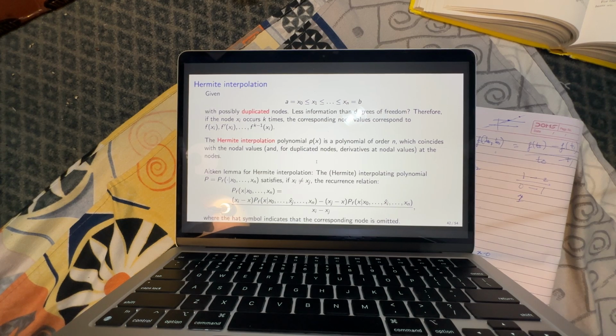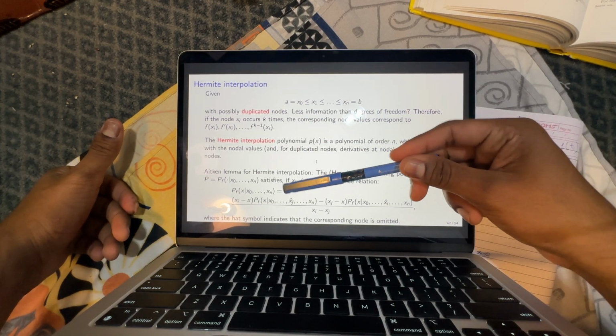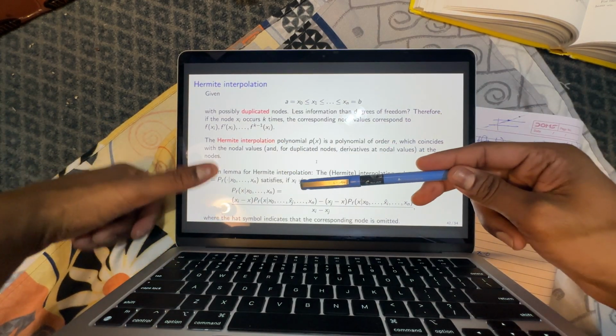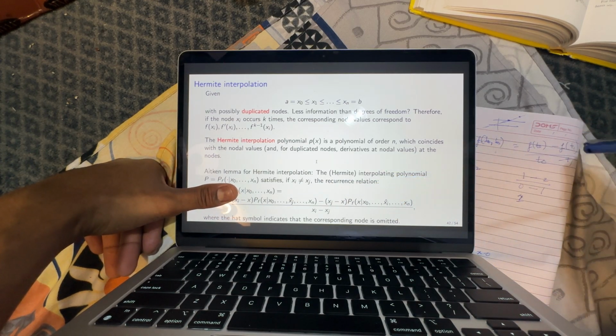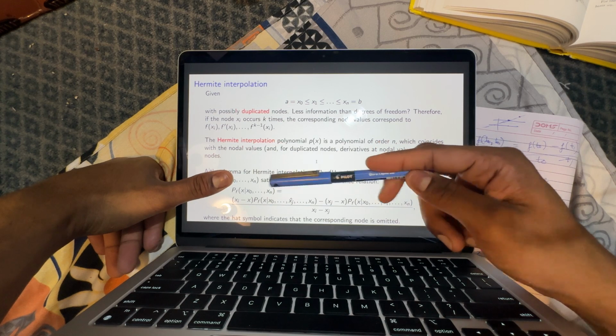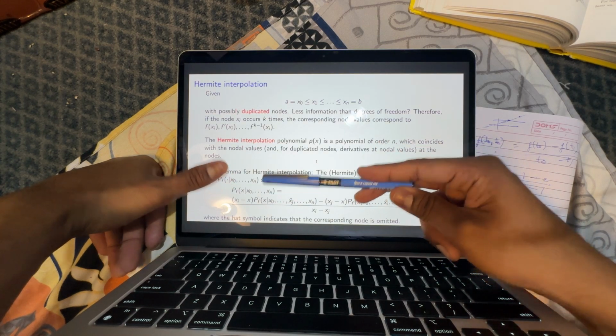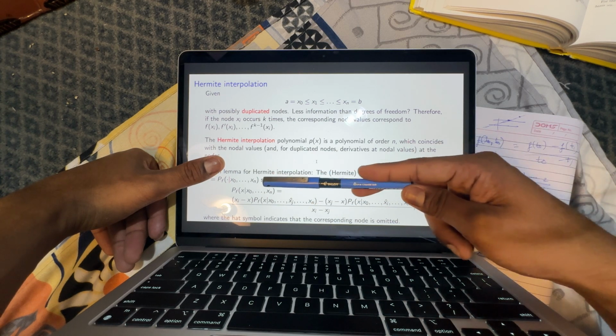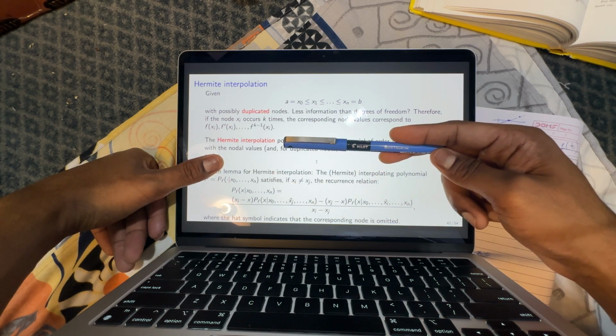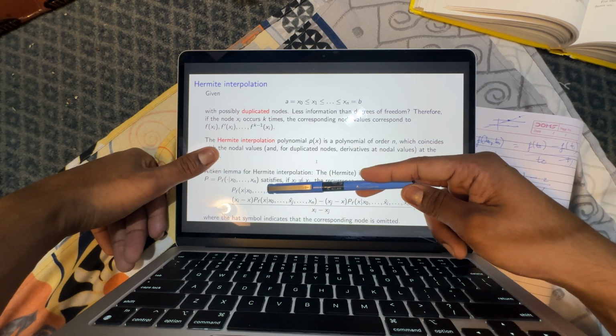This is just plug and chug. When x will be equal to xj, this term goes to 0. This will be xi minus xj should be 0, right? Should be 0, right?